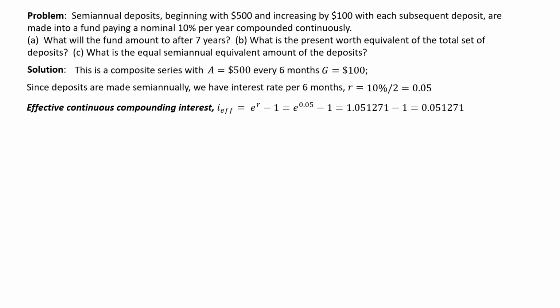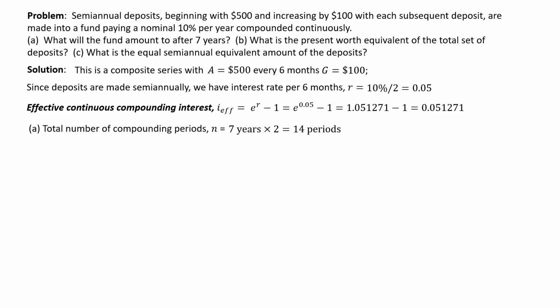Cool? Okay. Now, the total number of compounding periods, n, would be 7 years times 2, which is 14 periods. We have already calculated the effective interest rate.